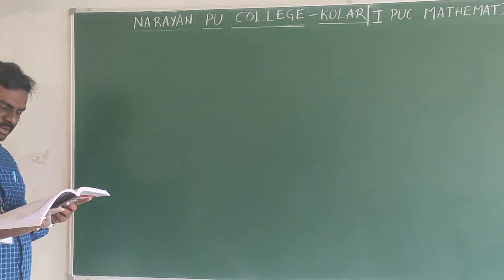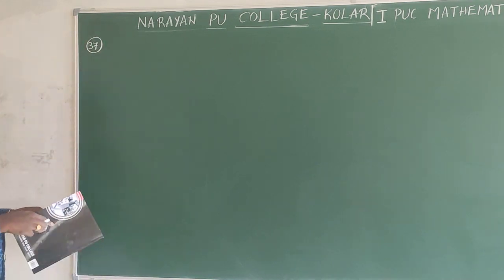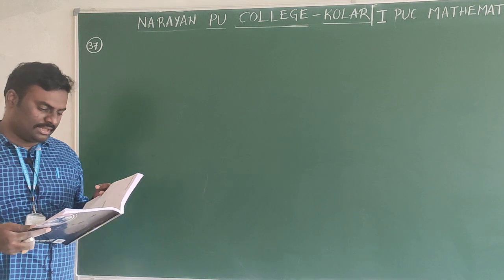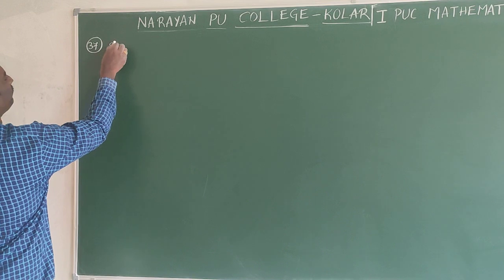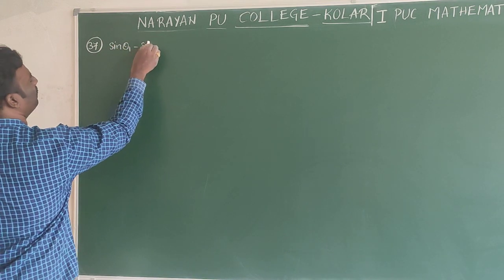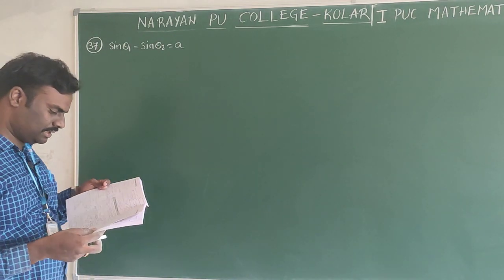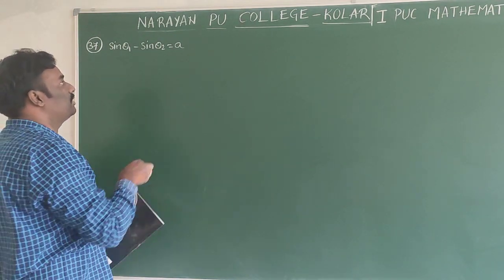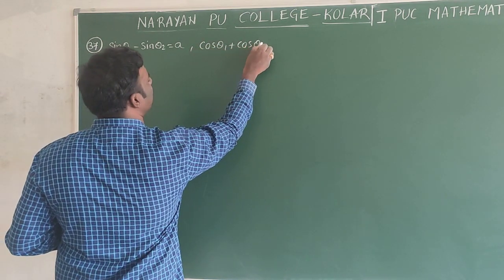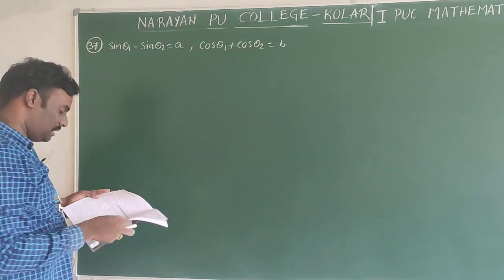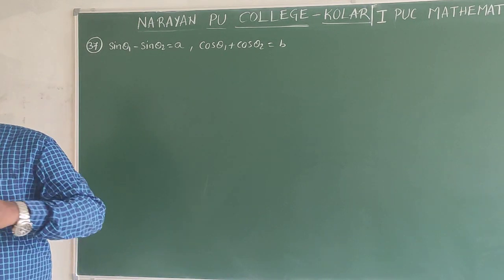Next we will discuss question number 37. In question number 37 they given sin theta 1 minus sin theta 2 equals A, and cos theta 1 plus cos theta 2 equals B. Then we need to find the value of A square plus B square.